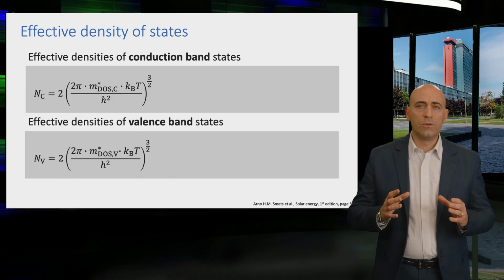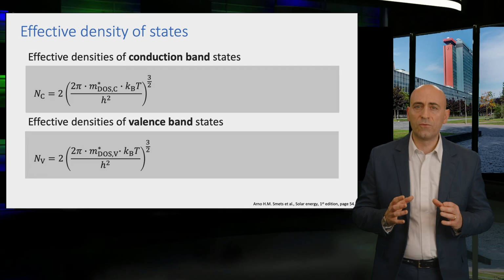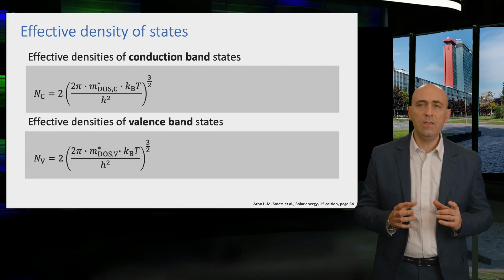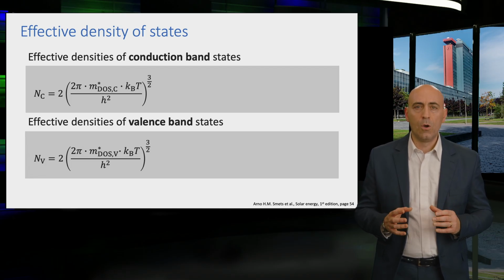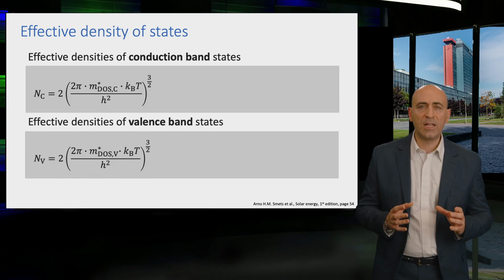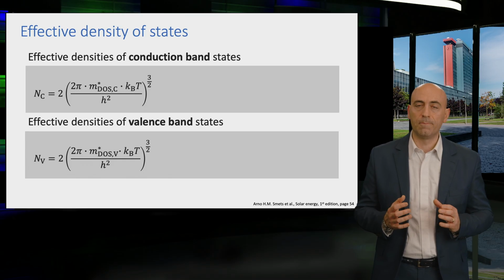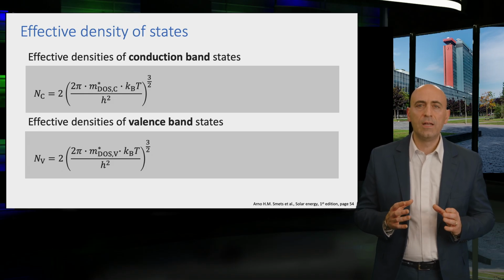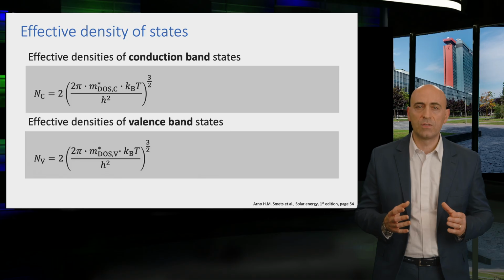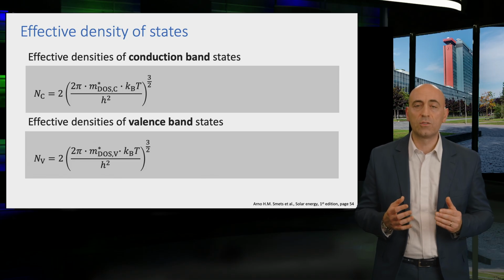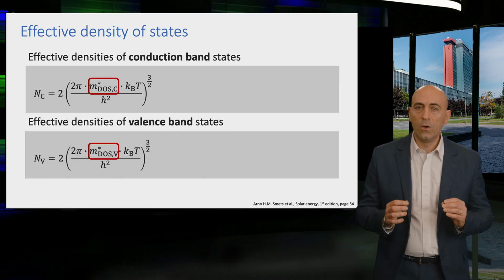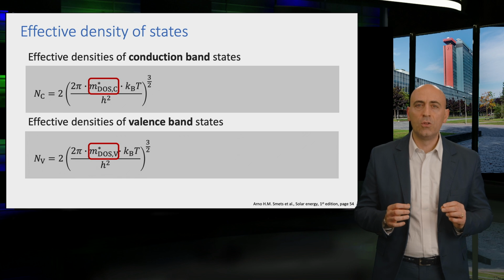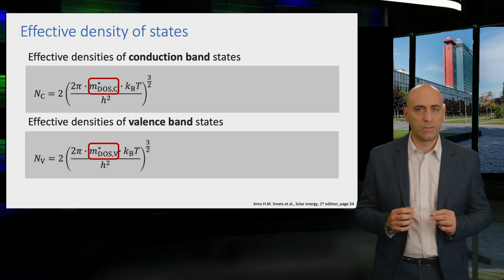There are, however, two new parameters in the equations for carrier concentrations, Nc and Nv. We call these parameters effective densities of conduction and valence band states, respectively. At a given temperature, they are different from each other since the effective mass of electrons is different from the effective mass of holes. We note in these two expressions the conduction DOS mass and the valence DOS mass.